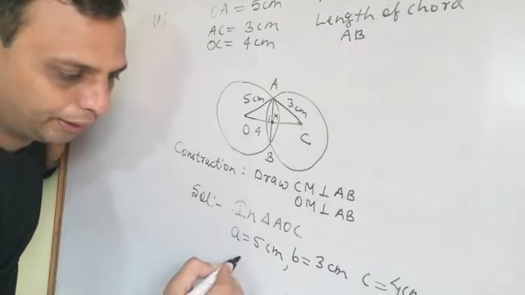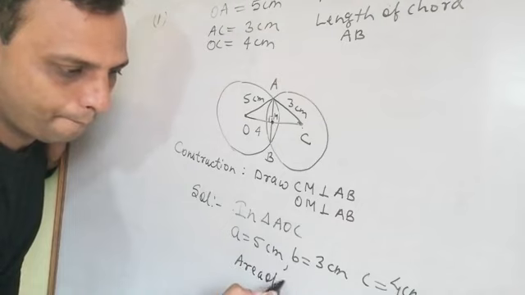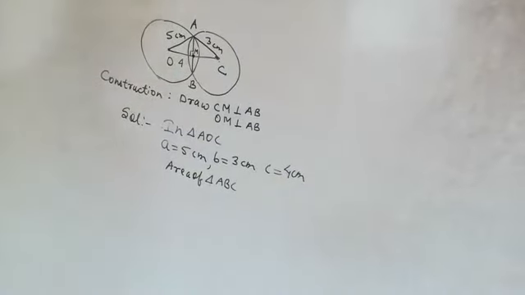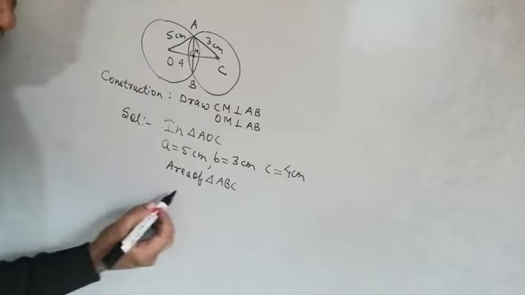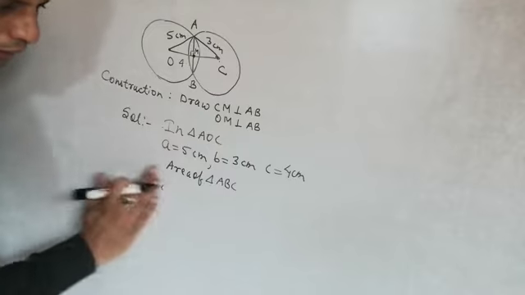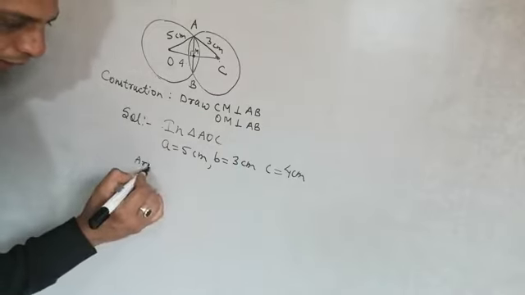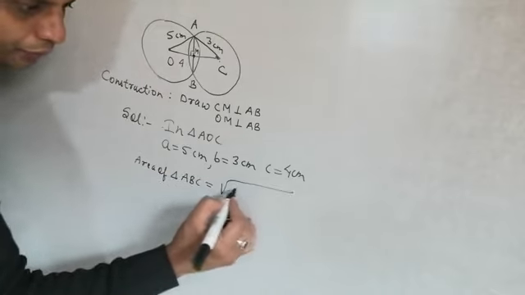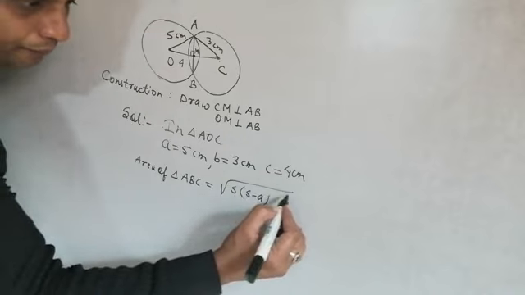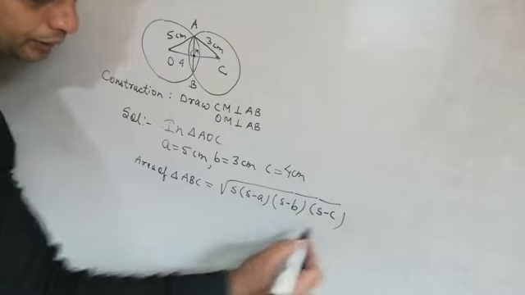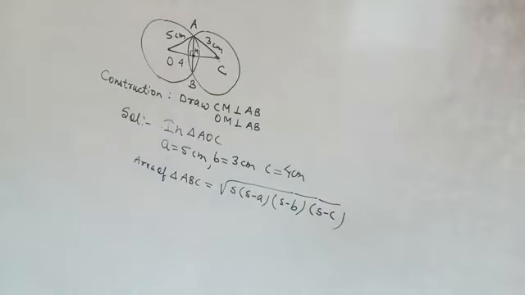Area of triangle ABC will be equal to the square root of S into S minus A, S minus B, and S minus C. This is the area of triangle formula.